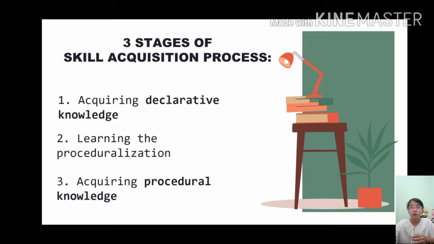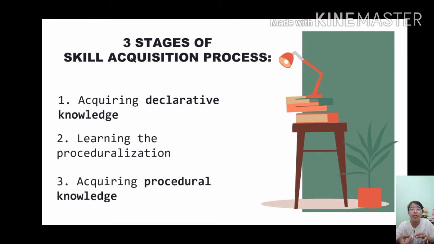So it is already embedded in the phrase: acquiring declarative knowledge, of course, means gaining declarative knowledge. Second is the proceduralization of knowledge. In this stage, it encodes behavior, and it consists of condition-action pairs that state what is to be done under certain circumstances.